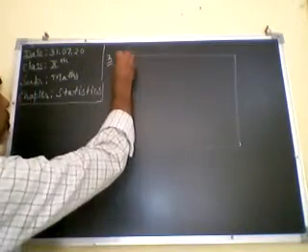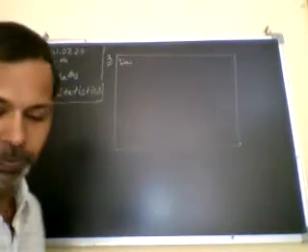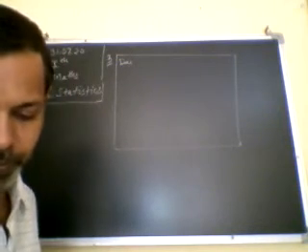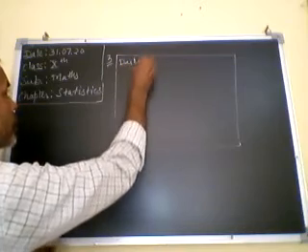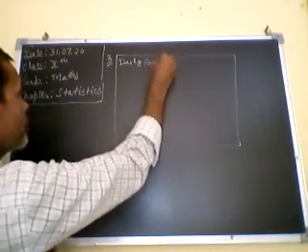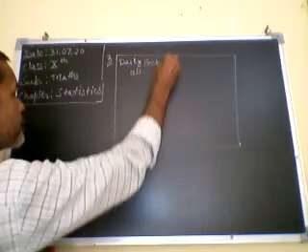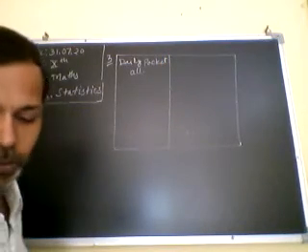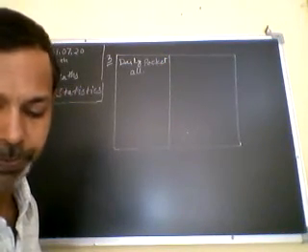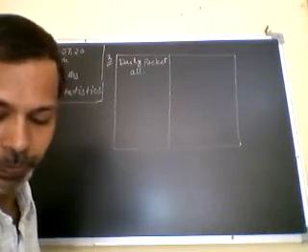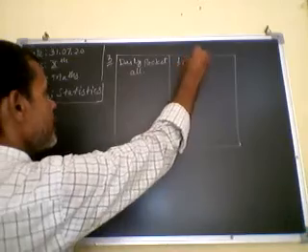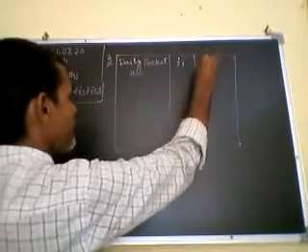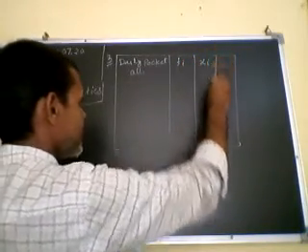Daily pocket allowance. Second column, frequency, meaning the number of children, that is frequency fi. Then the third column, as usual, class mark xi.